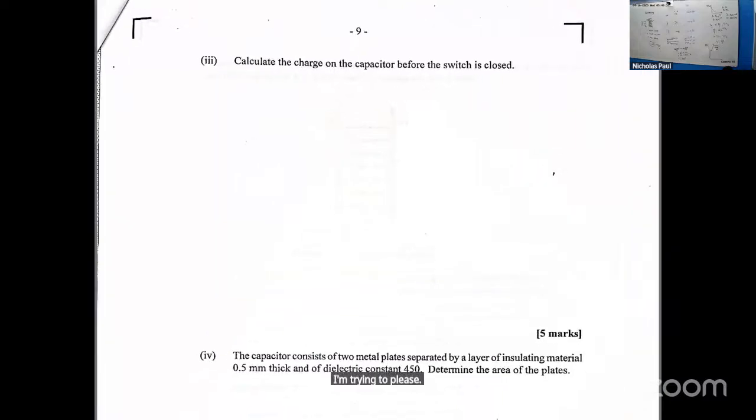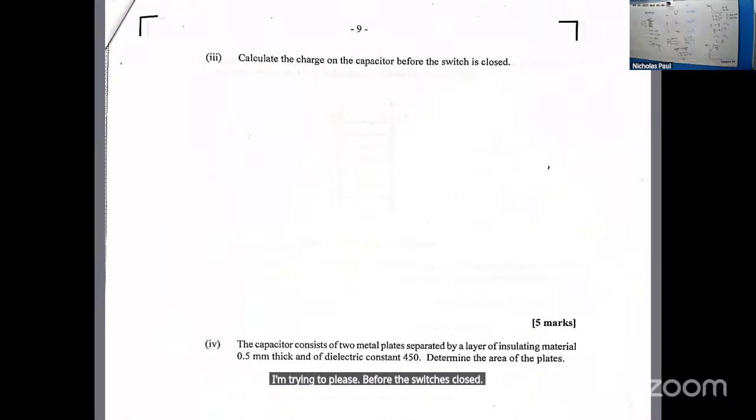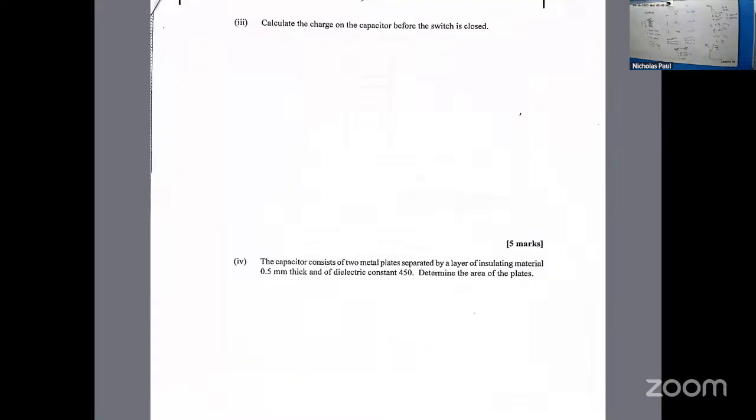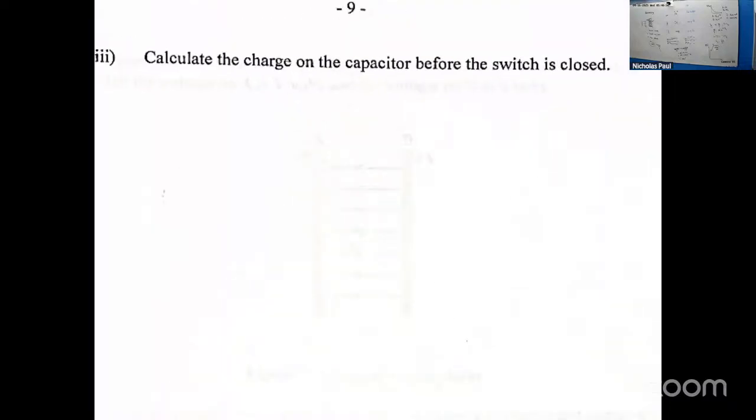Try this, please. Calculate the charge on the capacitor before the switch is closed. What is the charge on the capacitor before the switch is closed? What's the formula we use?